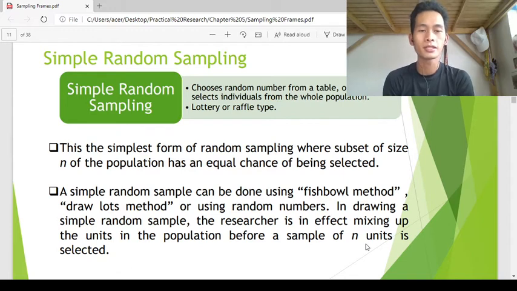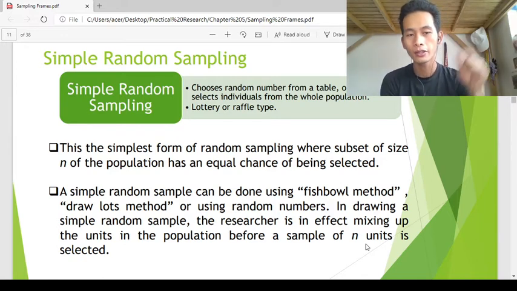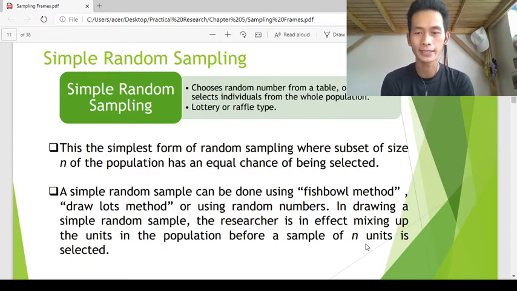This is the simplest form of random sampling where a subset of size n of the population has an equal chance of being selected. A simple random sample can be done using the fishbowl method or draw lots method or using random numbers. Pwede pod nga delete names imong gamiton. You assign a number to each member of the population, and then you choose random numbers from a table or from a fishbowl or box.